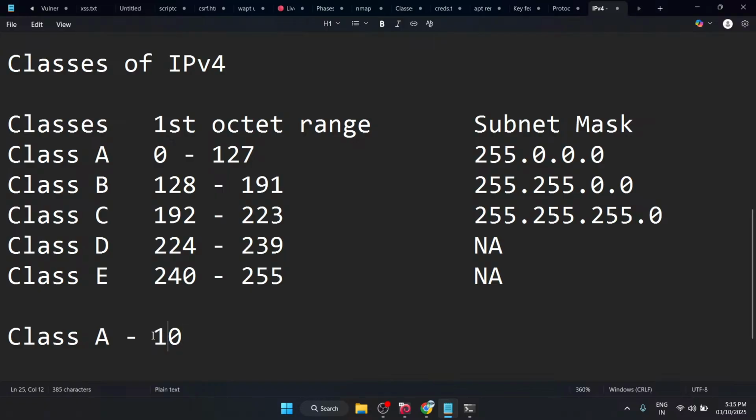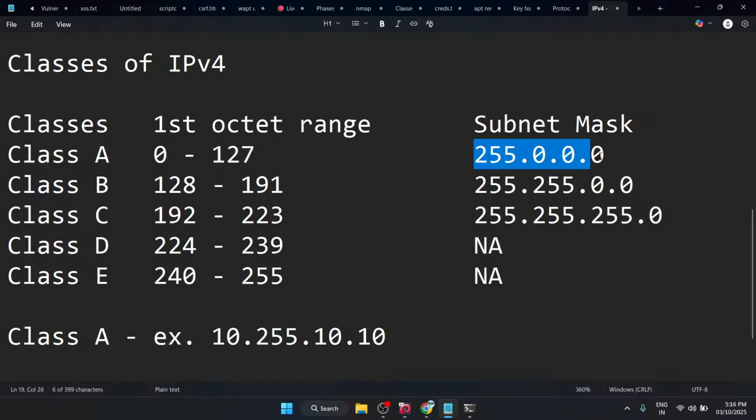So let's take an example IP of class A, 10.10.10.10. The other octets can range anything, it can be 110 or 255. Just the first octet should range between 0 and 127.